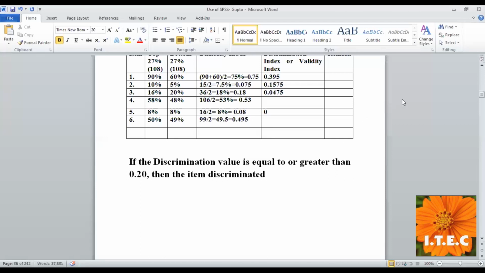If it is equal to, this discriminates. This does not discriminate. When it does not discriminate, it is rejected. Now this also does not discriminate, it is rejected.